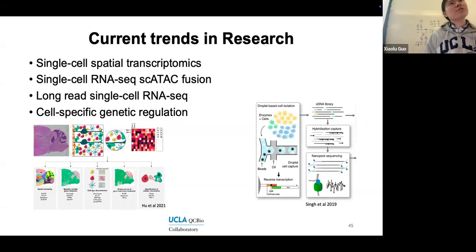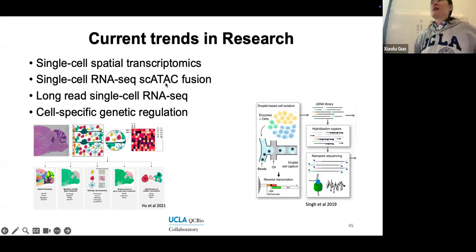I'm not sure which research you refer to, but I know plenty of them do that. When they do spatial, because it's really sparse data, less than 1%, to get some information they need to link to the single cell and either do label transfer or do more analysis. Another tendency is single cell RNA-seq and also single cell ATAC.